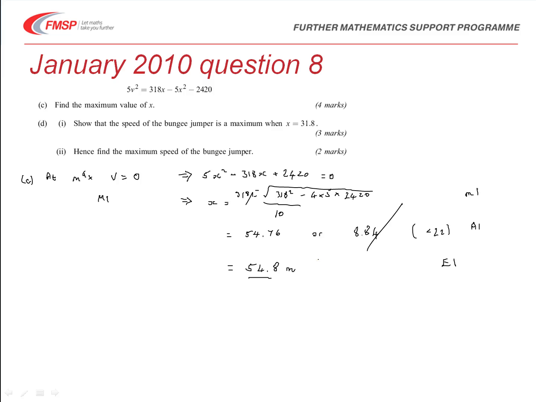Right, on to part D. Question goes on. We've got to show that the speed of the bungee jump is a maximum when x equals 31.8.